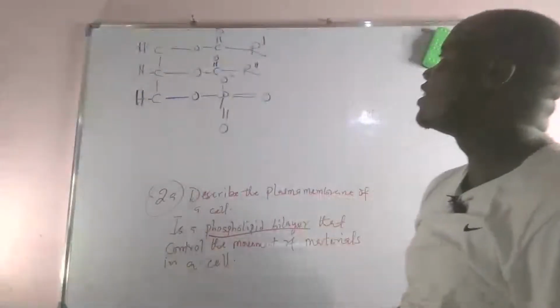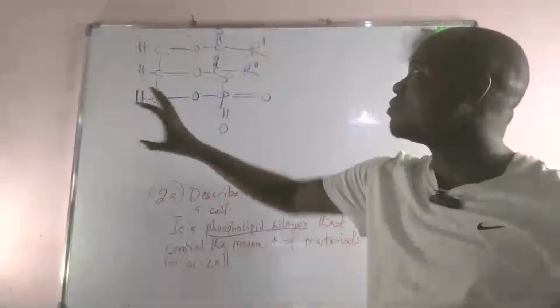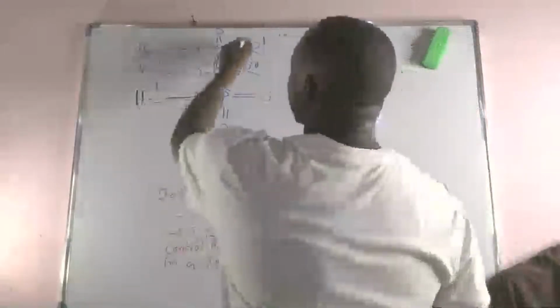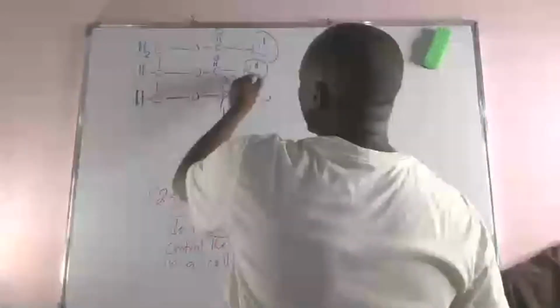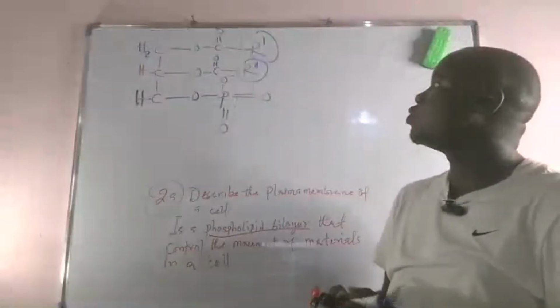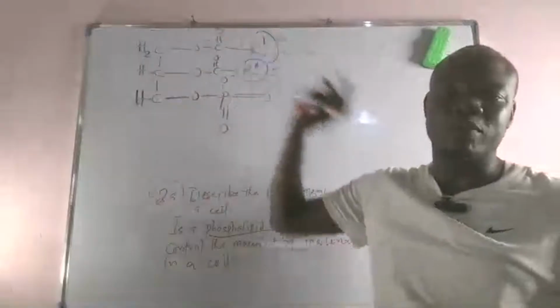Excellent. So this is a phospholipid, just a brief description. You see, this is the alkyl group, this is another alkyl group, and this is the phosphate group. So this is a phospholipid bilayer.